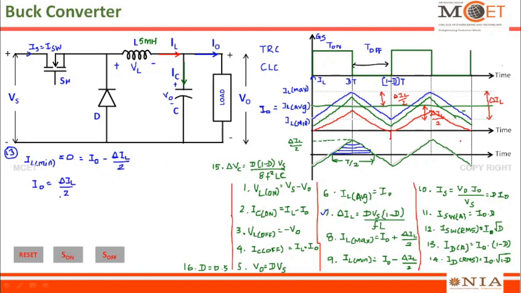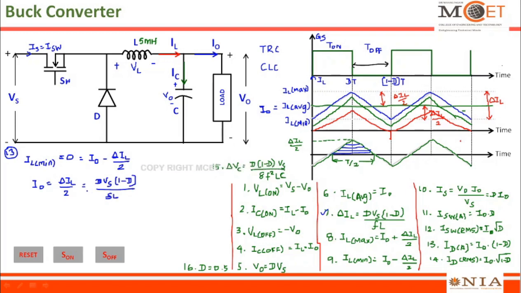We know the expression for delta IL, already derived in expression 7. So this can be rewritten as D into (1 minus D) into Vs, whole divided by fL.